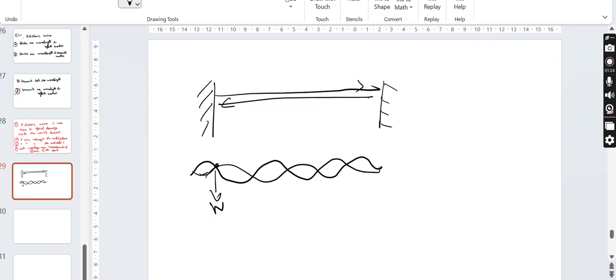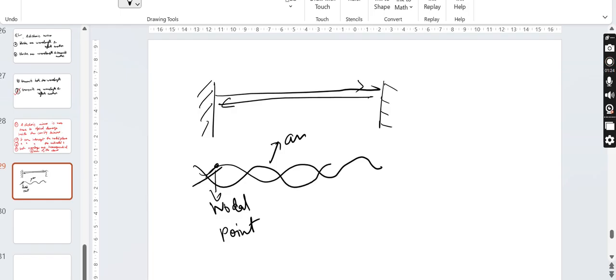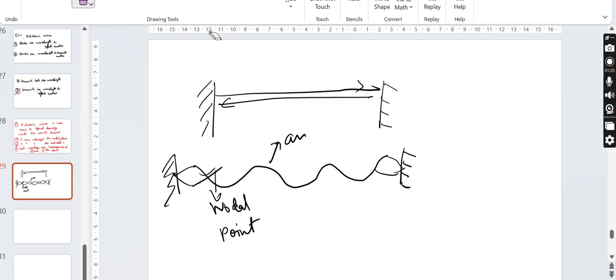So these points are nodal points, where intensity is zero, but these are antinodal points. The two mirrors are basically the two nodal points.